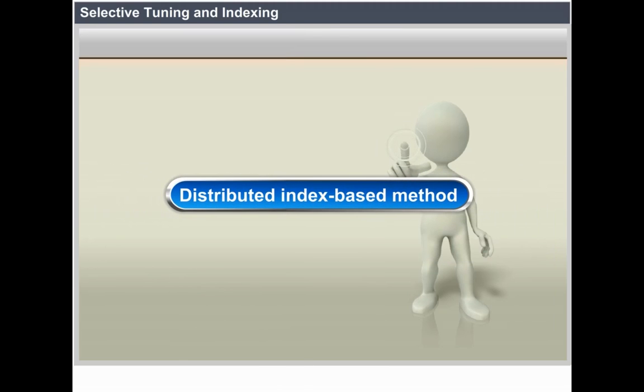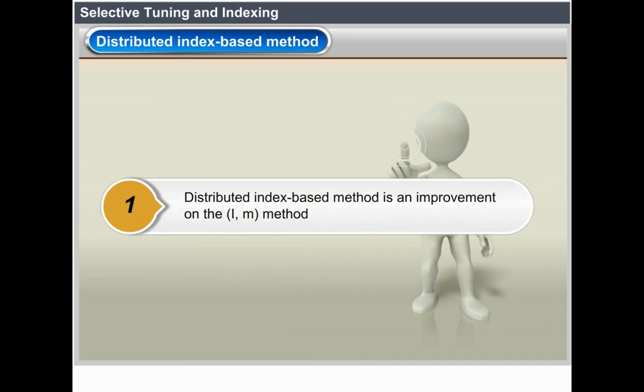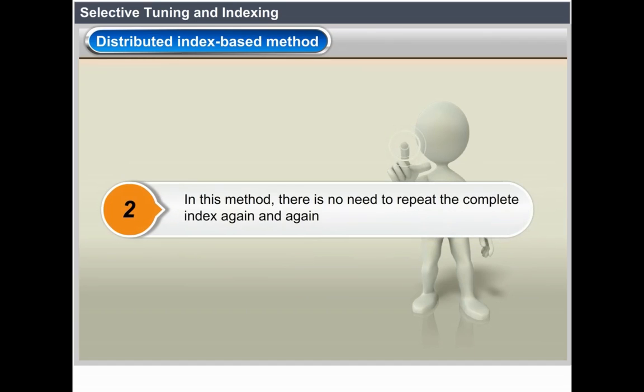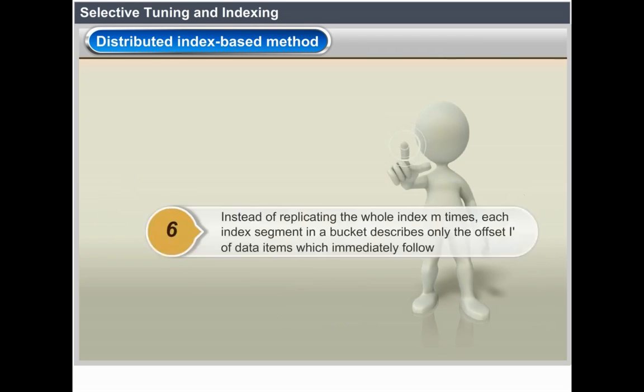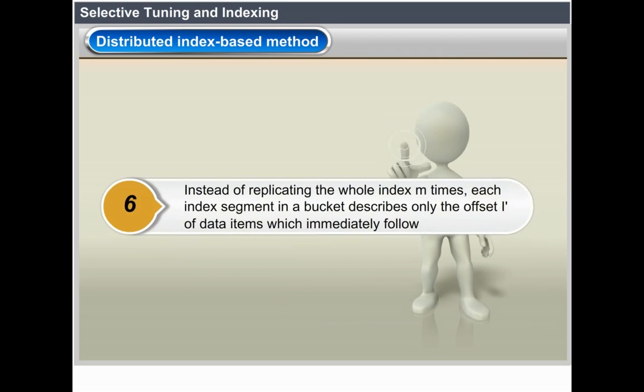Distributed index-based method. Distributed index-based method is an improvement on the IM method. In this method, there is no need to repeat the complete index again and again. Instead of replicating the whole index m times, each index segment in a bucket describes only the offset of data items which immediately follow.